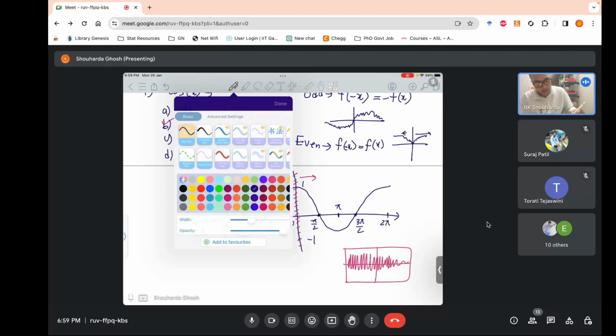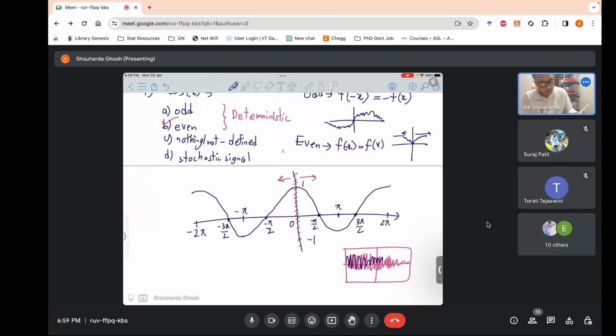After some instant it will change. So you see it's continuously changing, and at the same instant of time you cannot determine what it actually is. So these are called stochastic signals that do not have any deterministic property. You cannot exactly draw a signal at a given point of time.